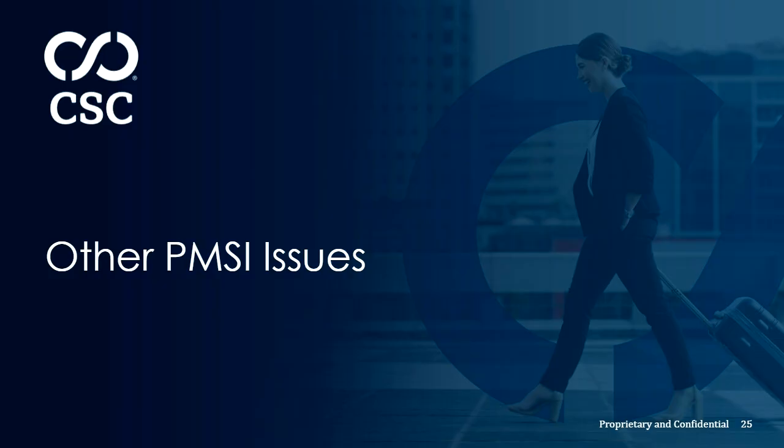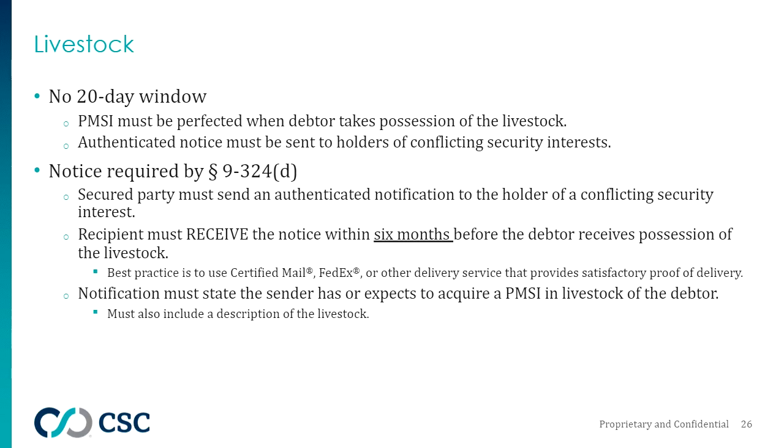As we're getting closer to the end here, I want to talk about some other purchase money security interest issues. One is a purchase money security interest in livestock. There's special rules for purchase money security interest in livestock. It's actually very similar to a purchase money security interest in inventory, but the notice period is different. There's no 20-day window. The security interest has to be perfected before the debtor receives possession of the livestock, and a notice must be sent that's received before the debtor receives possession of the livestock.